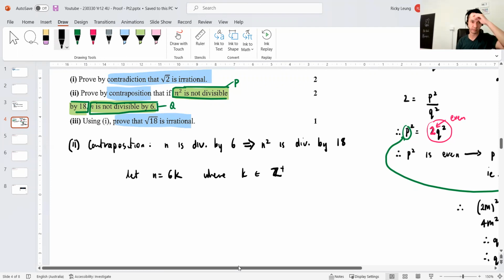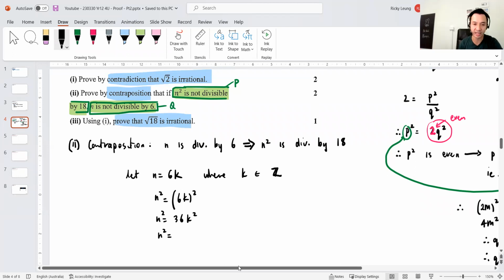Actually, it doesn't even need to be positive, just needs to be an integer. Then n squared is equal to (6k) squared. n squared equals 36k squared.